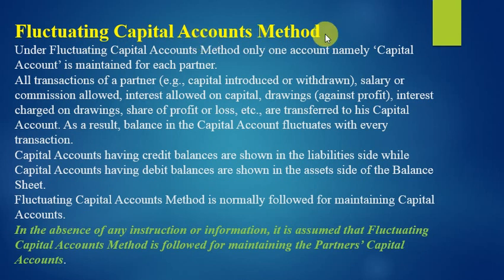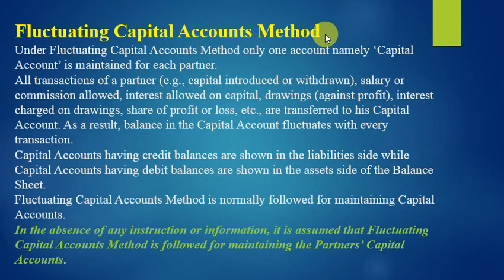As the name says, fluctuating, that means the capital of the partners fluctuates or changes. So you can read this explanation given in the slide, but I'll go directly into the format of partner's capital account under fluctuating method, where whatever we have discussed in the fixed capital account method in two different accounts, that is capital account and current account, will be put under one single partner's capital account. That means all are posted in one account, and that is why it is fluctuating capital account method.